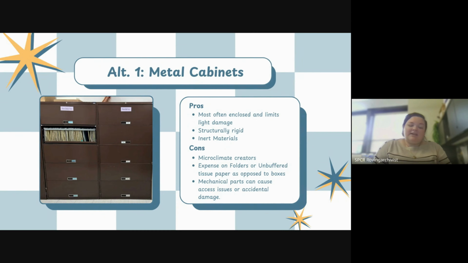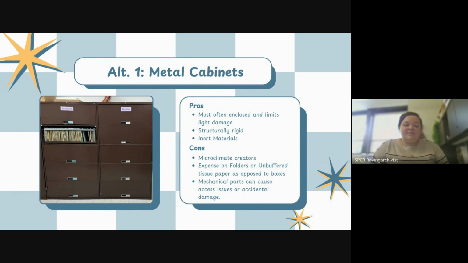So we're always checking that temperature and humidity range, because you want to be checking in on your materials every so often anyway, to make sure that we're not seeing any active mold cases, which need to be quarantined and set aside, so that way they can be treated or prevented from further damage. And then with these microclimates, you want to make sure that it's not spreading to the whole cabinet, because then it would spread to the materials within the cabinet.